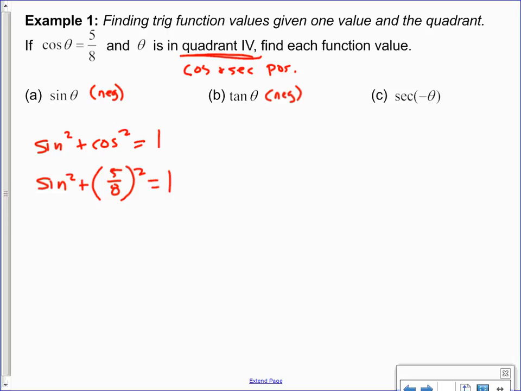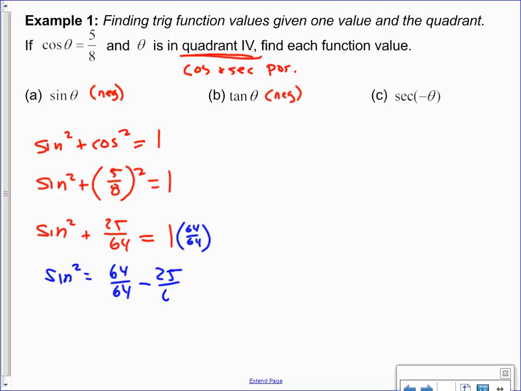So squaring the 5 over 8, you have sine squared plus 25 over 64 is equal to 1. And as long as I know in my head that 1 is 64 over 64, that means sine squared is equal to 64 over 64 minus 25 over 64. True? Just subtract the 25 over 64 from both sides.